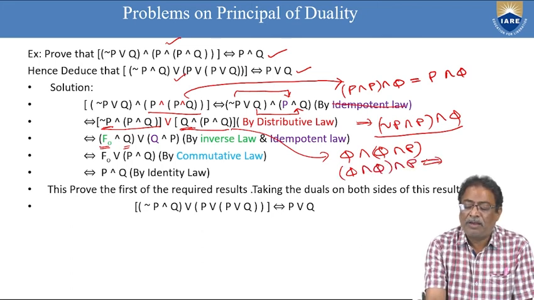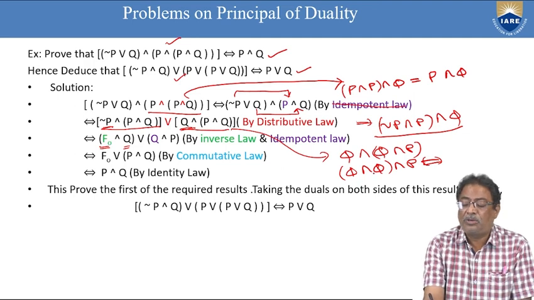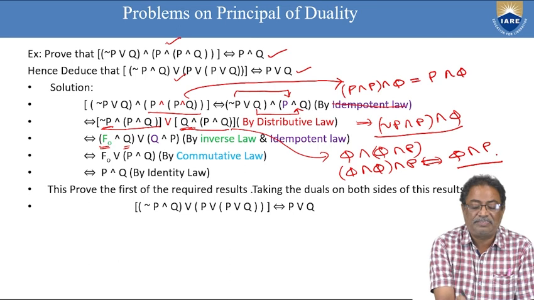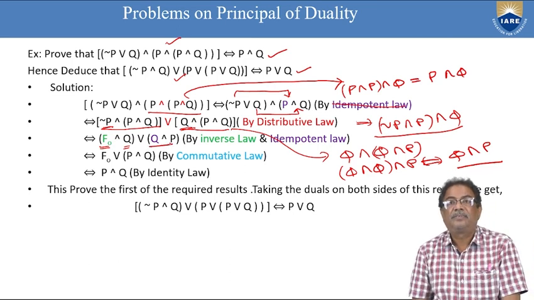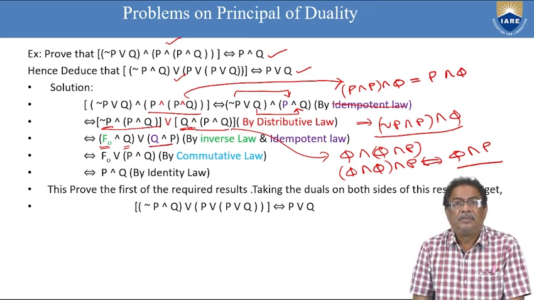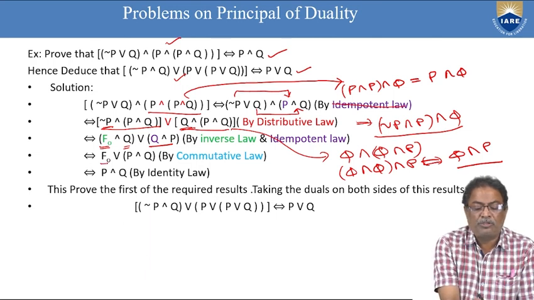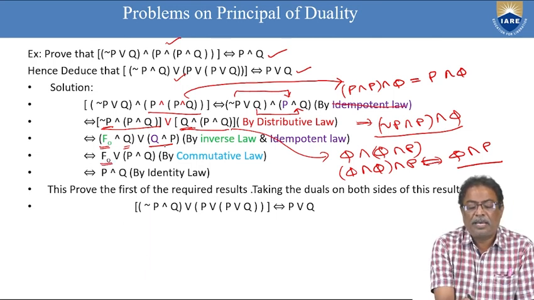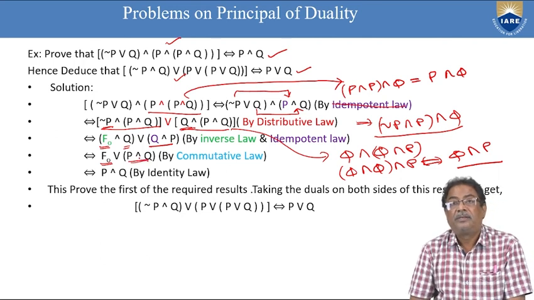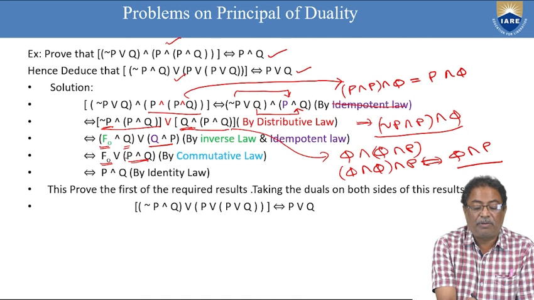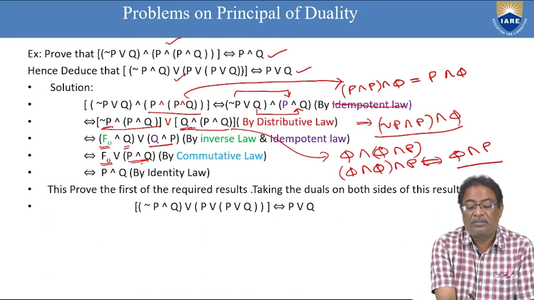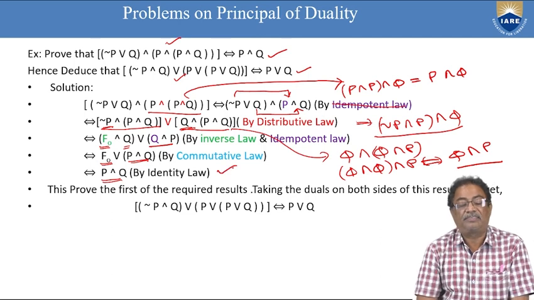Then applying afterwards, Q and Q will become Q. So I am going to get like this. So now F and Q, then I am going to get F OR P, and applying the commutative law, then I am going to get P and Q. Then by using identity law, F OR P is equal to P. So I am going to get this as P and Q.